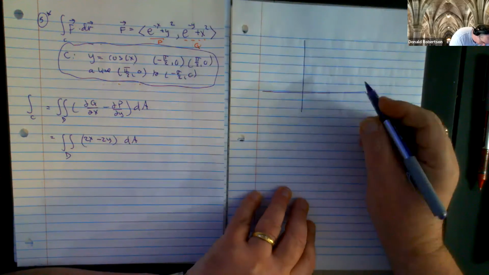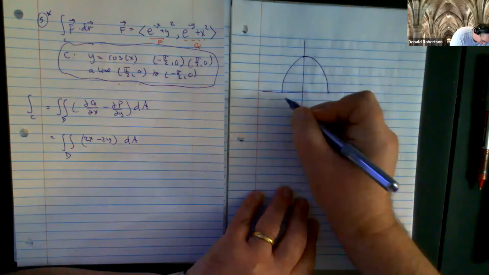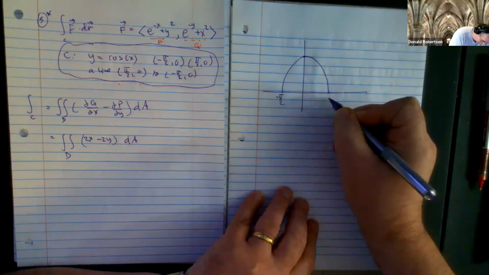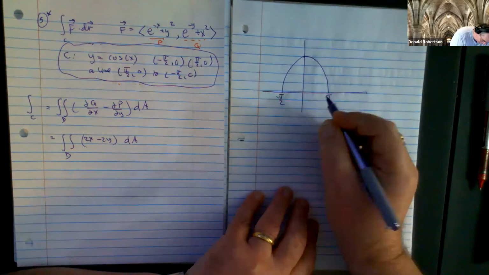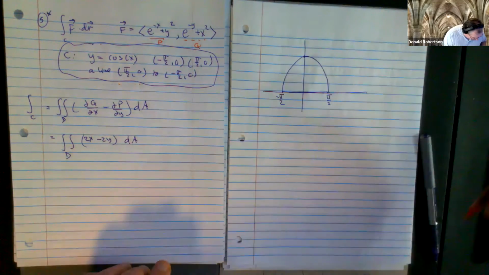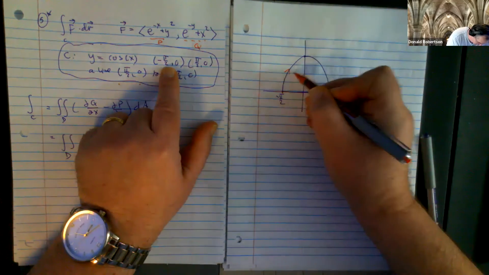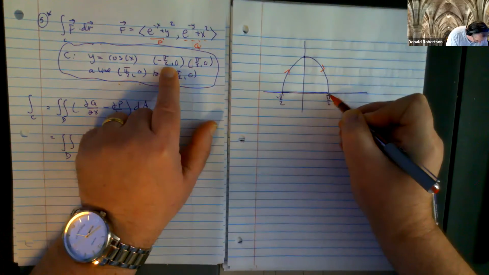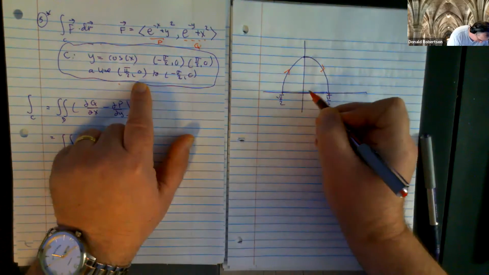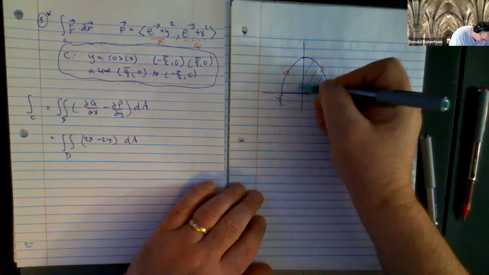If you do the cosine function from -pi upon 2 to +pi upon 2, and then you join it with the line, let's see what the orientation looks like. You're going from this point to that point, and then you're going from that point to here. Do you see the orientation again? Positive or negative?